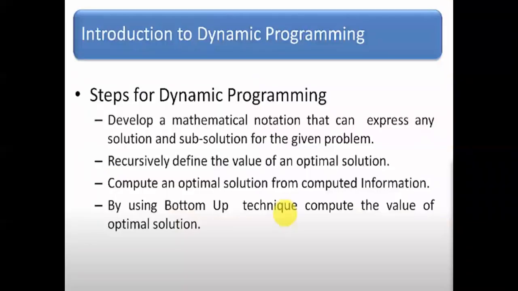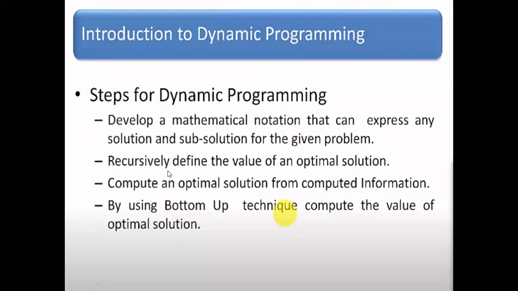So what is meant by dynamic programming? Dynamic programming deals with a multiple sequence of decisions. You must develop a mathematical notation that can express a solution and sub-solutions for the given problem.